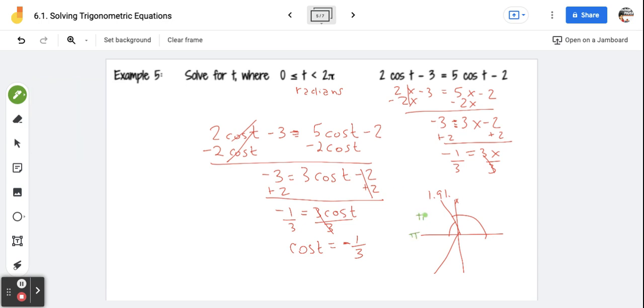So pi minus 1.91 is about 1.23. So this little reference angle is 1.23. That means this angle is 1.23. And so this is going to be pi plus 1.23.